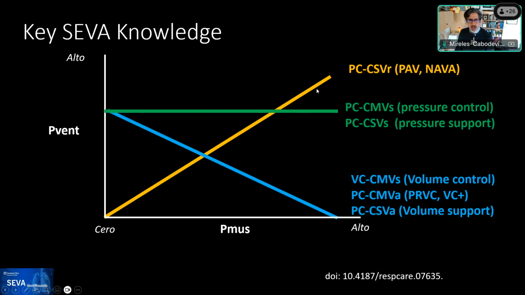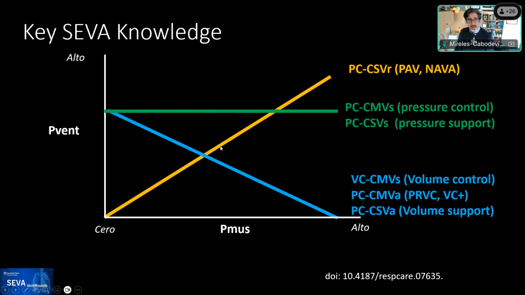This is just to highlight that it's important for you to recognize that the amount of support that you get from the ventilator if you are in volume control is determined by the size of the tidal volume that you set there. On pressure control, it is the amount of pressure that you set there. So the lower or higher, that's going to be the baseline that the patient will get.